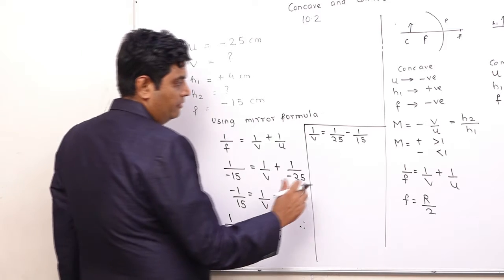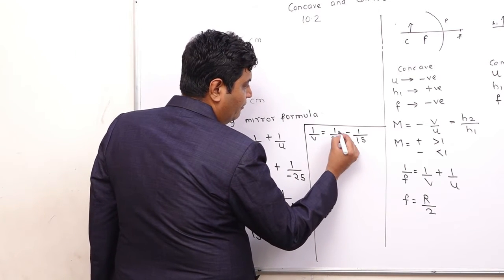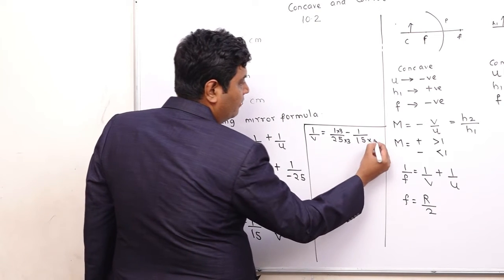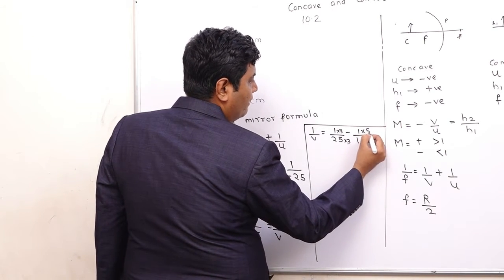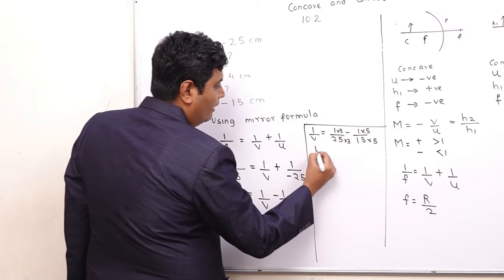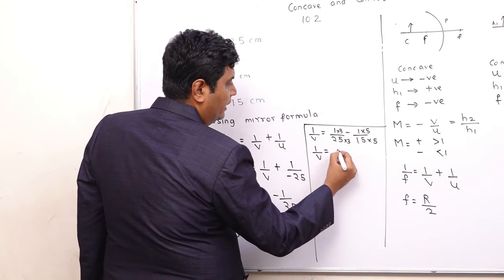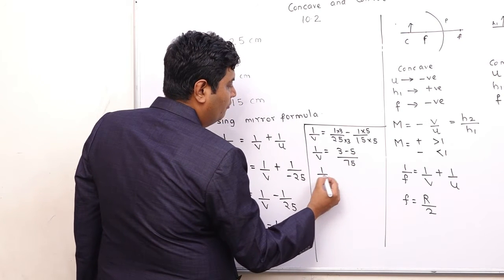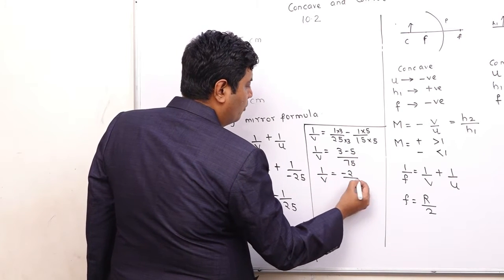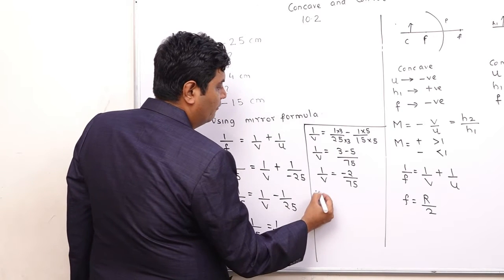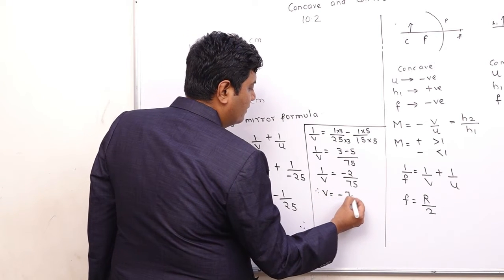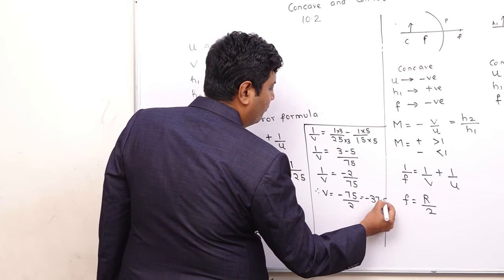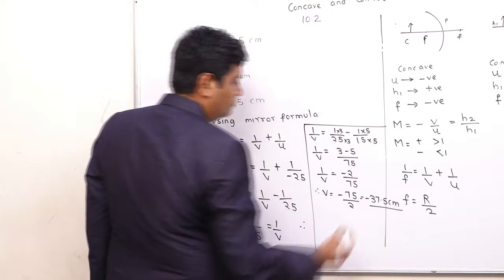It is 75, right? 25 into 3 is 75, 15 into 5 is 75. So you get 1 upon v is equal to 3 minus 5 upon 75. 1 upon v is equal to minus 2 upon 75. Therefore, v is equal to minus 75 upon 2, which is equal to minus 37.5 centimeter.